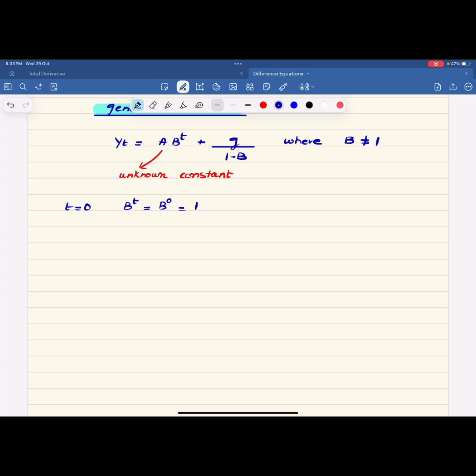So when I plug this in, I get y naught equals A plus g over 1 minus beta, and therefore the value of the unknown constant A is y naught minus g over 1 minus beta.